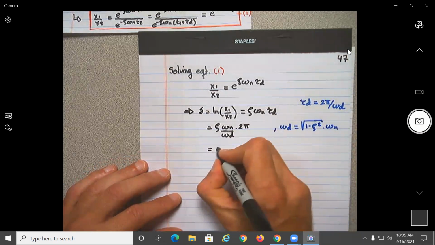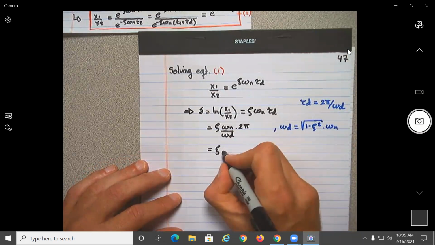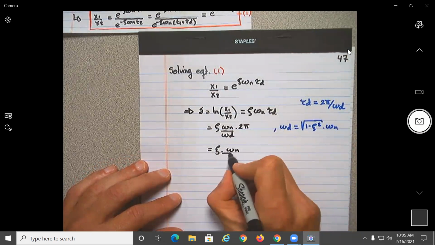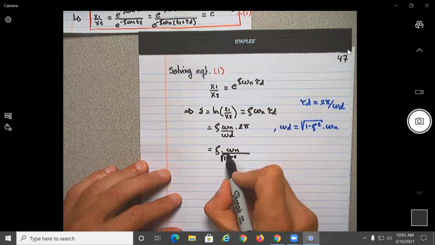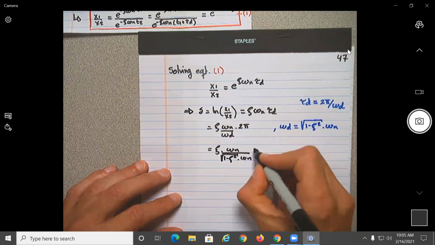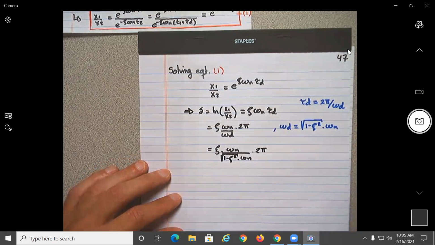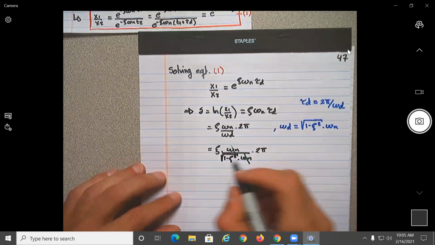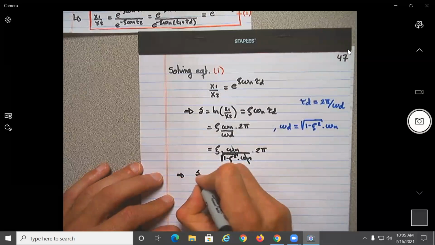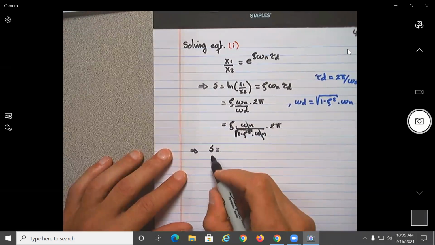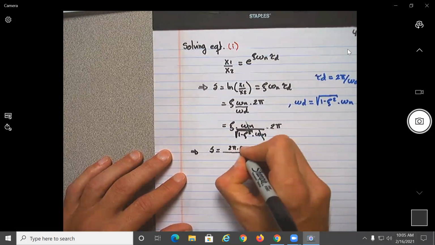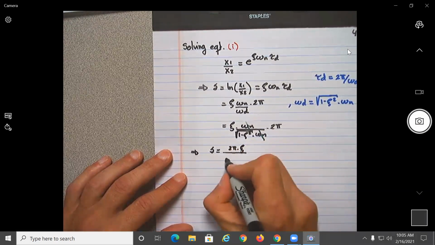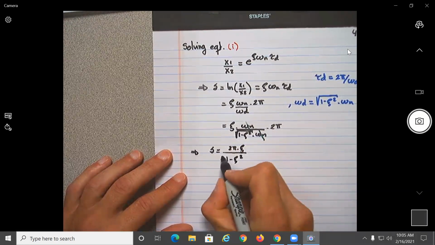So that means we take the square root over here, omega_n times 2 pi. So finally you have that the decrease in amplitude will be equal to 2 pi zeta divided by the square root of 1 minus zeta squared.